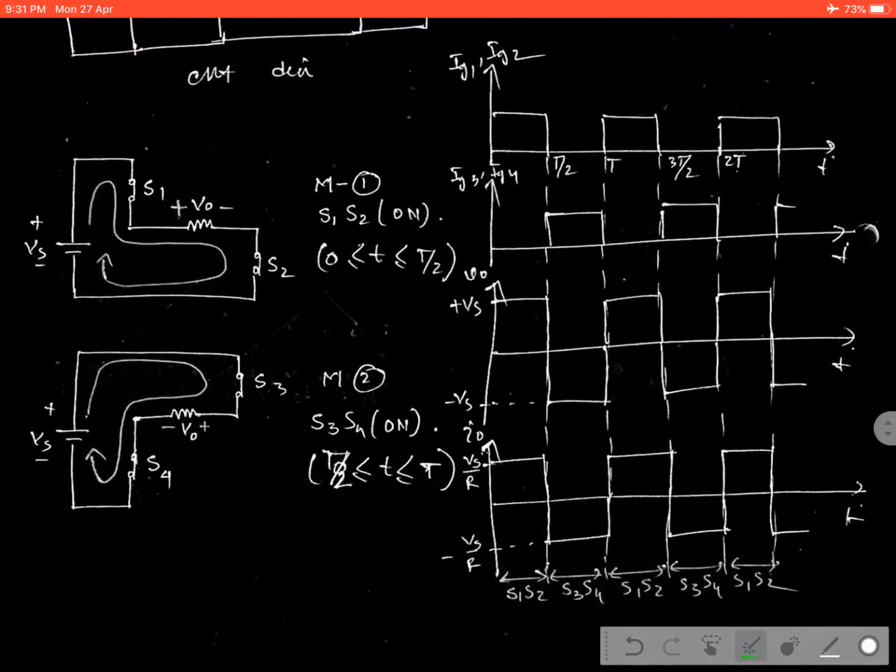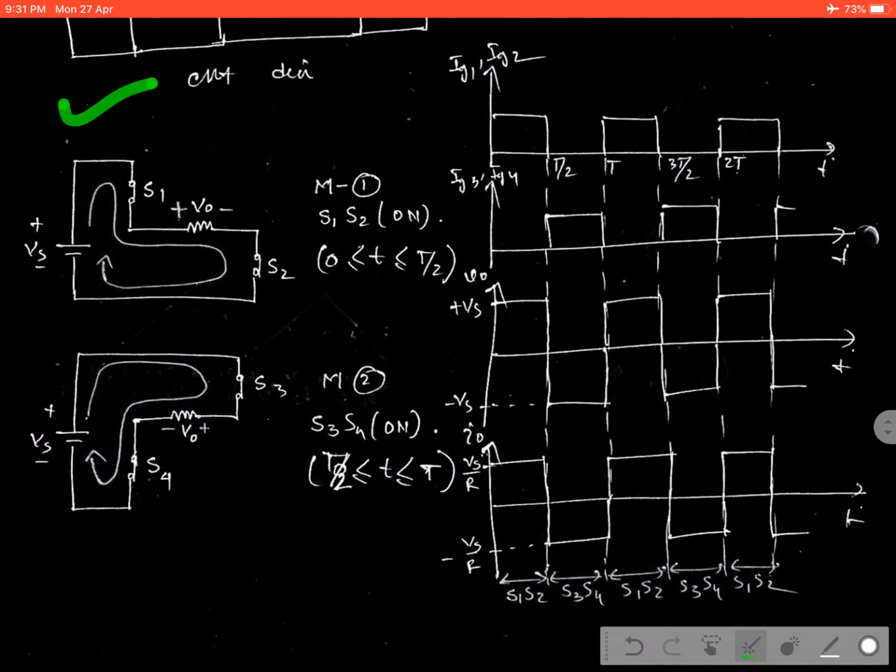Okay, this is the first mode operation and this is the second mode operation, and these are the respective output waveforms, voltage and current. Here we are using two switches at a time, so we should give the triggering pulse to switches S1 and S2 at the same instant, and to S3 and S4 at the same instant.